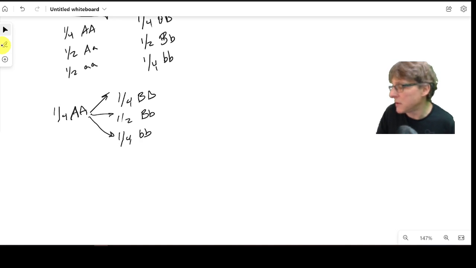Which means that for this first step, 1/16 of the offspring would be homozygote dominant.